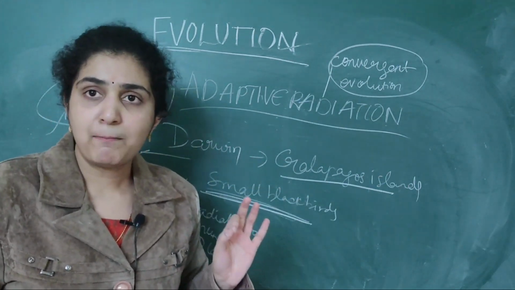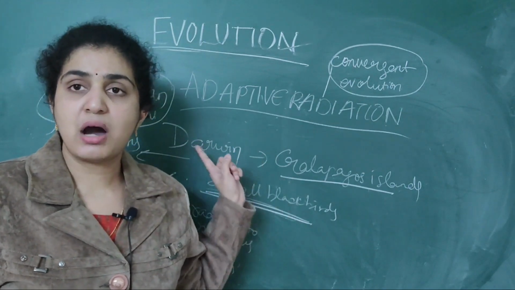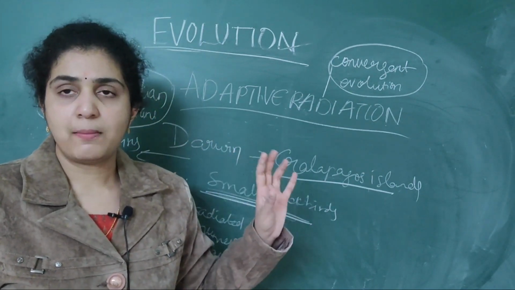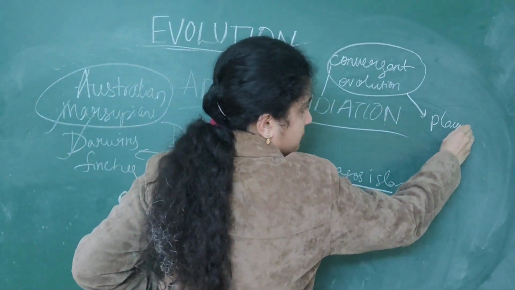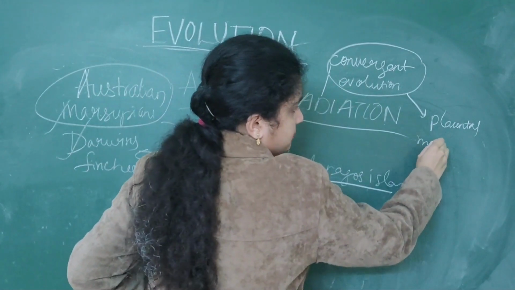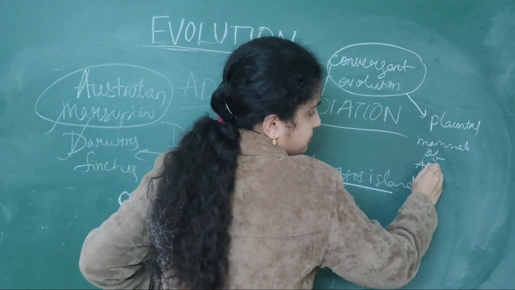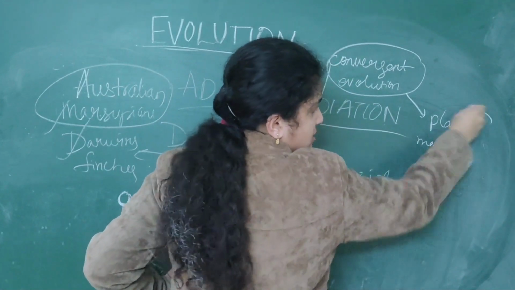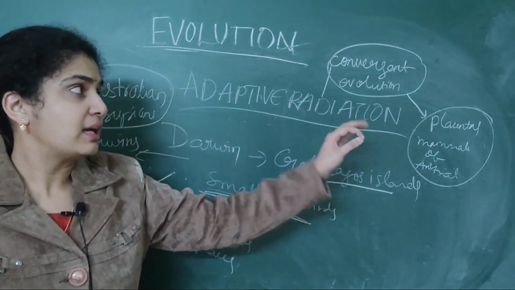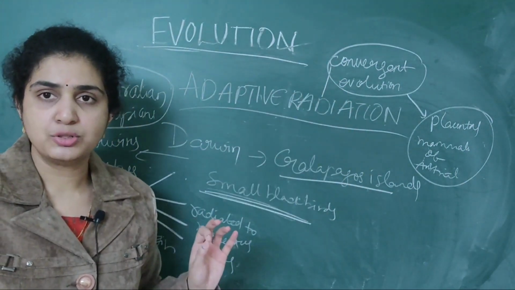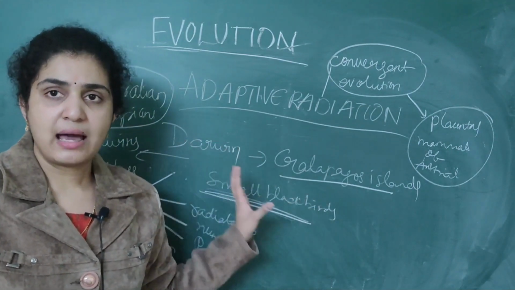The placental mammals of Australia as well as the Australian marsupials, all the ones which belong to Australia, are classified under convergent evolution. So this is about the concept called adaptive radiation.